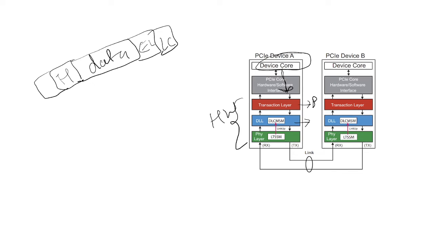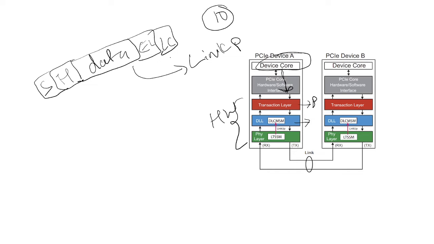Let us assume the transaction layer generates 10 packets. Each packet gets a number, which we call the sequence number, and the LCRC is added by the data link layer. This we call a link packet.